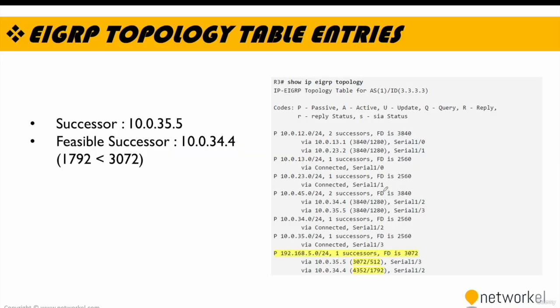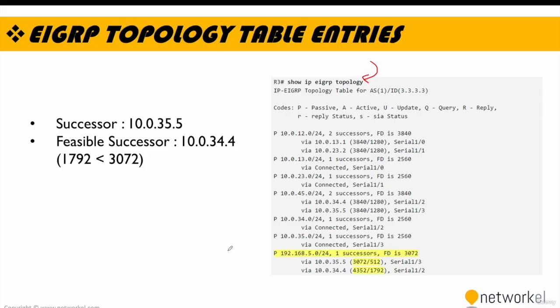When it comes to the topology table entry, remember, the routing table includes the best paths. On the other hand, the topology table includes the possible other paths to reach the destination, right? I see the topology table by typing show ip eigrp topology.